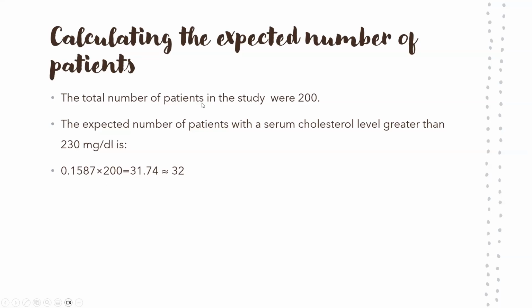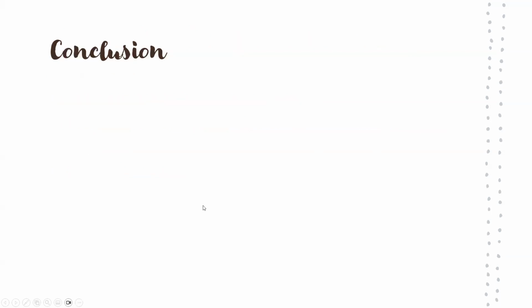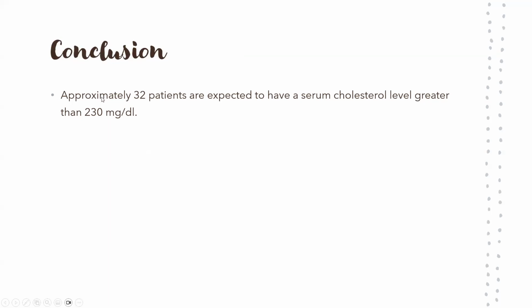The total number of patients in the study was 200. The expected number of patients with a serum cholesterol level greater than 230 milligram per deciliter is the 0.1587 we calculated on the previous slide, multiplied by 200. So our answer is 31.74, which is almost equal to 32. Our conclusion is that approximately 32 patients are expected to have a serum cholesterol level greater than 230 milligram per deciliter.